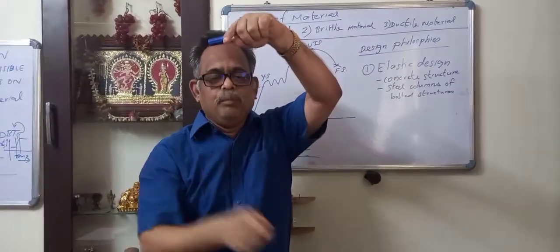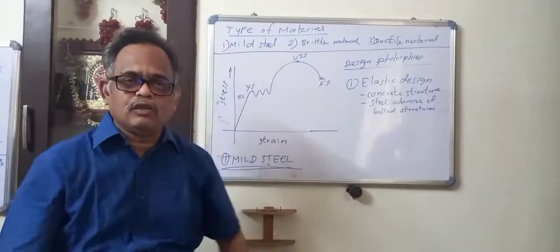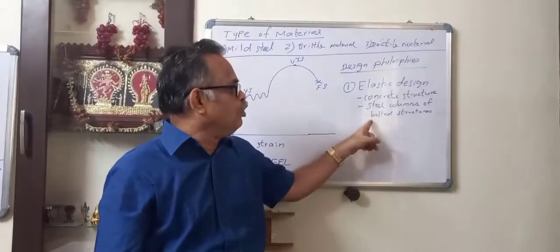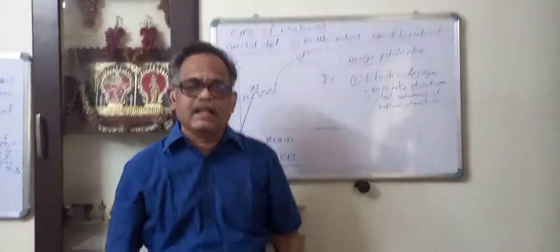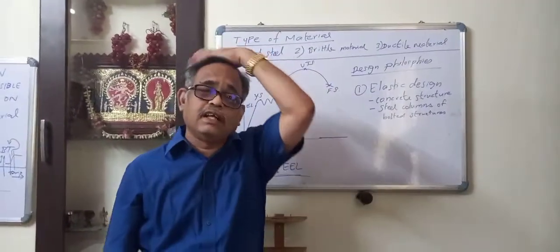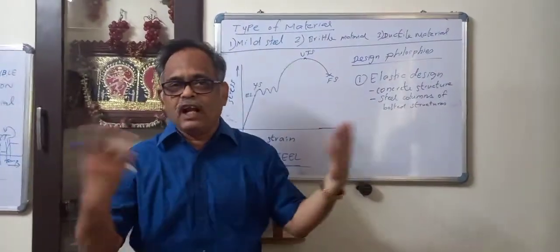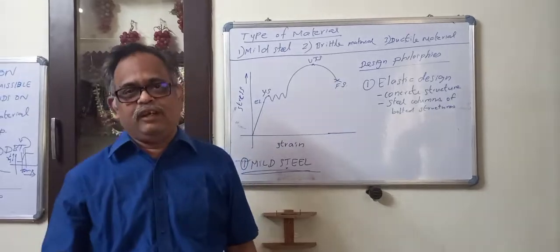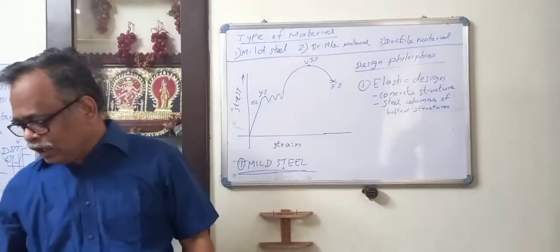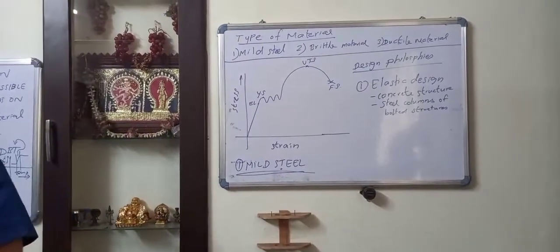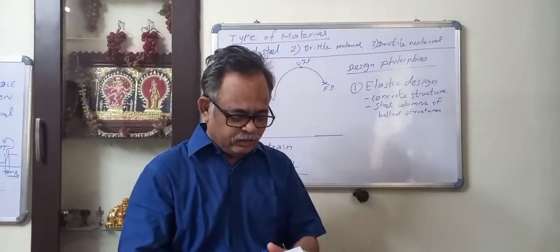The column will bend like this and fail because of buckling. So even when the stress is selected in the elastic range, there is a tendency for the column to buckle. When that is the case, we cannot go in for plastic design. So these are the two cases where you need to go in for elastic design.